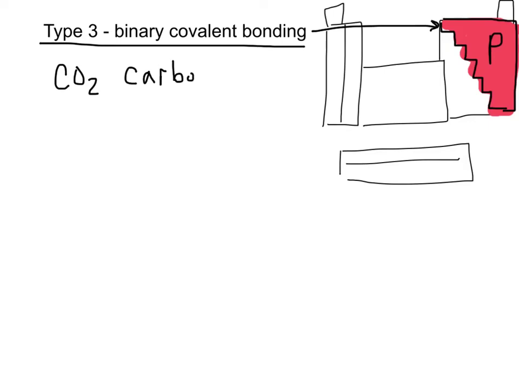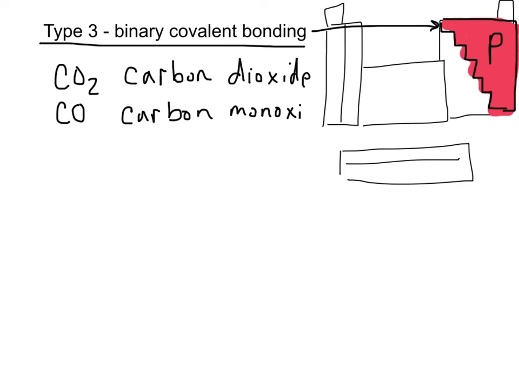What are you doing? Well, you're telling me how many of each you have. If it's just one on the first, we don't worry about mono. Now, CO is carbon monoxide. So look how I'm just telling how much of each thing I have.